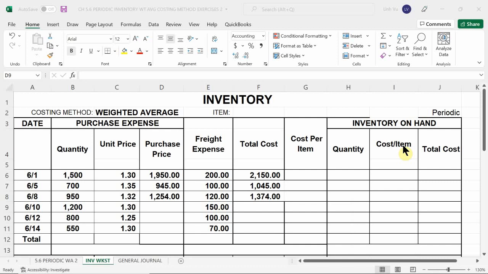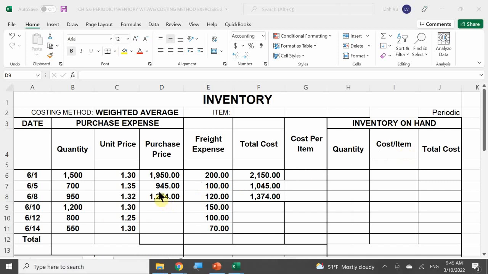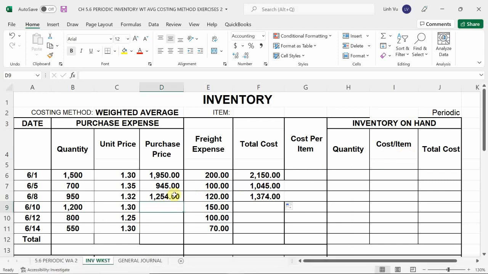Okay, so back to this. On June 10, we end up purchasing 1,200 units at $1.30. So in this case, what is my total purchase price here?